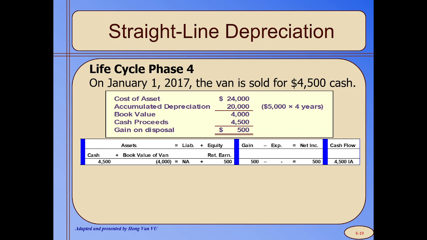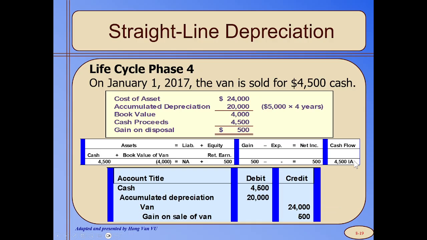In the investing activity section of the statement of cash flow, we show an inflow from the sale of an asset of 4,500. And here we can see the account title cash increase for 4,500, accumulated depreciation of 20,000, the van at its book value credit, and the gain on sale of van.